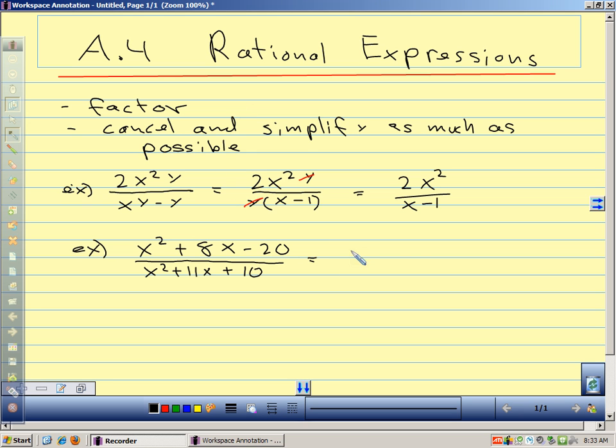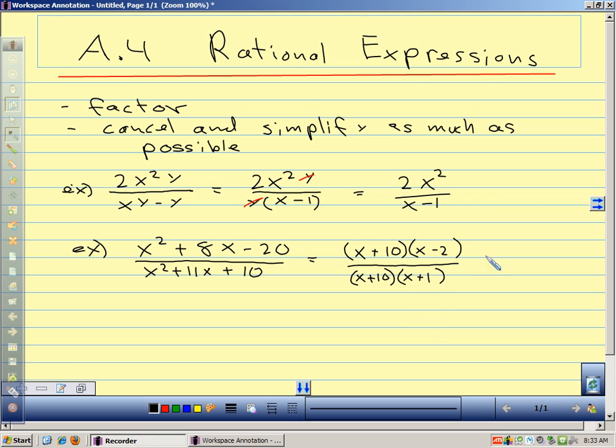So let's factor the top. How are we going to factor x squared plus 8x minus 20? Plus 10, minus 2. And how are we going to factor x squared plus 11x plus 10? Plus 10, plus 1.